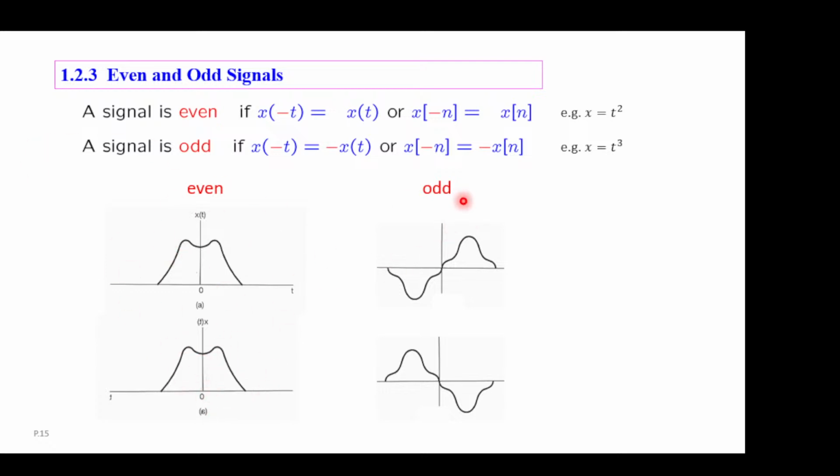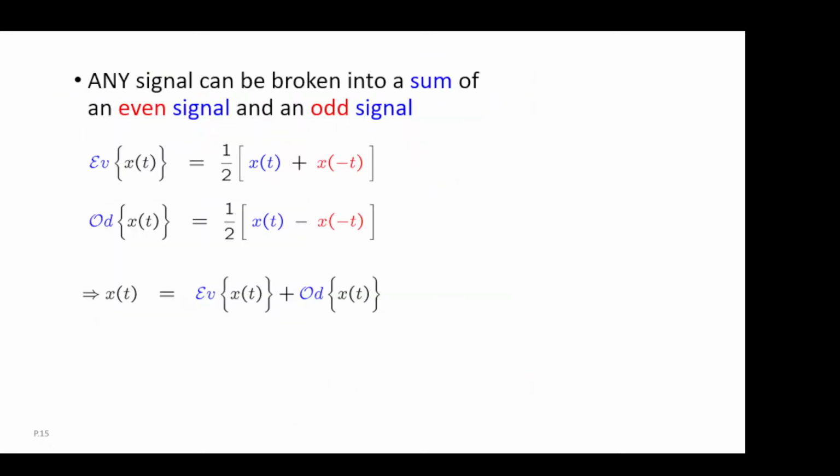The odd signal also has a symmetry around t equal to 0, but it's a bit more complicated. If you flip around t equal to 0, then you will get a minus sign. So like this.